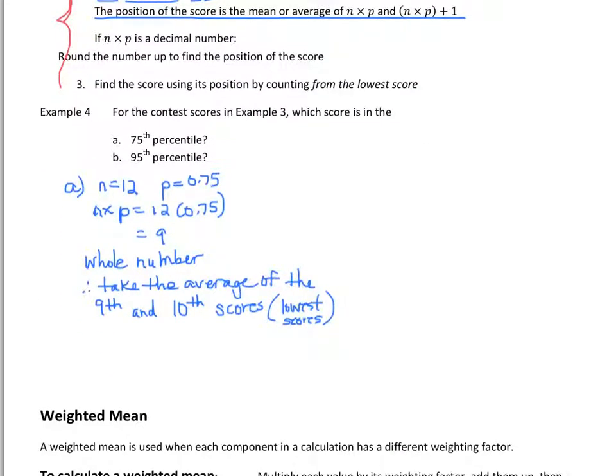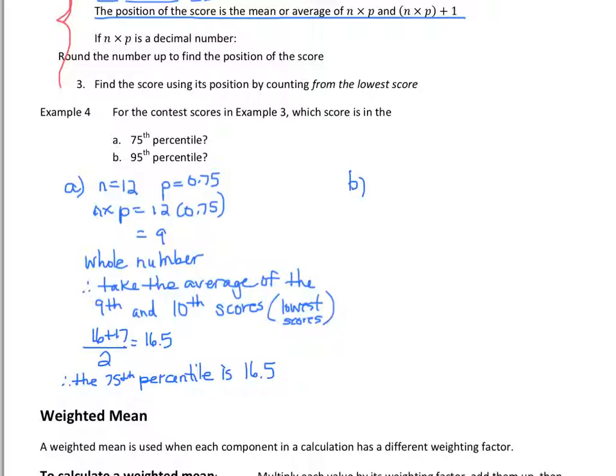So we're going to take the average of 16 and 17, divide them by 2 to find the average. So 16.5, so therefore the 75th percentile is 16.5. So if you scored 16.5 on the contest, you're in the 75th percentile.